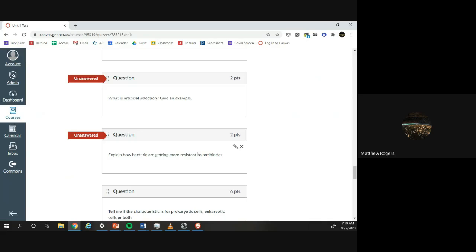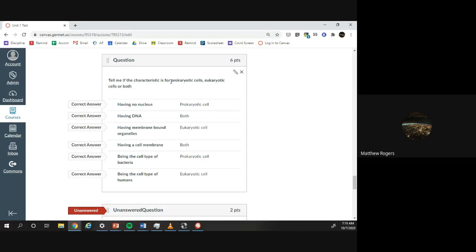And so therefore things are getting more and more resistant to our antibiotics. So I was kind of looking for the idea that there is a winner and loser, and it was an accidental thing, and that these guys now are passing on their genes of immunity to the next generation.